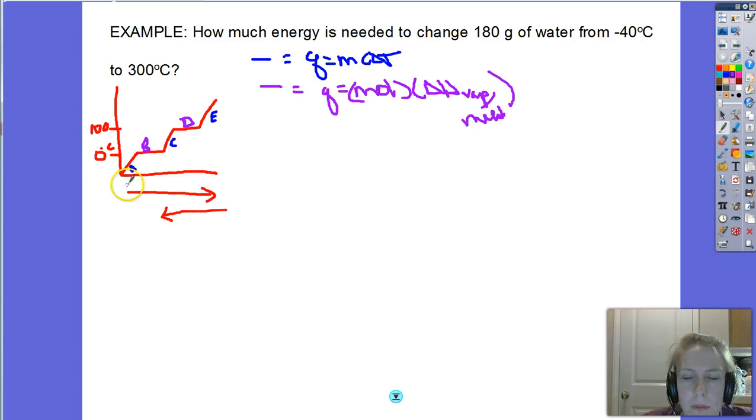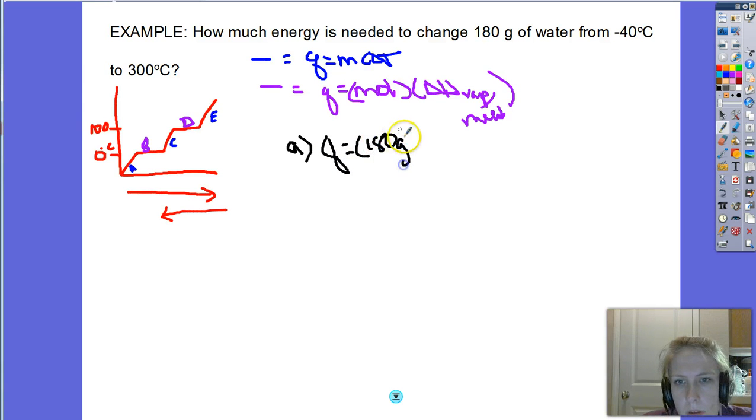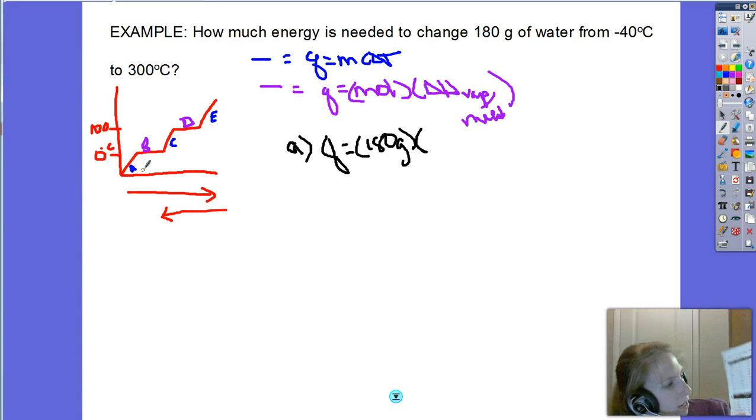So our problem, we're starting off with 180 grams of water. So we have A, Q equals 180 grams times our specific heat, and since A is our solid section, we're going to look at our handy dandy chart, and our specific heat for solid water is 2.03.